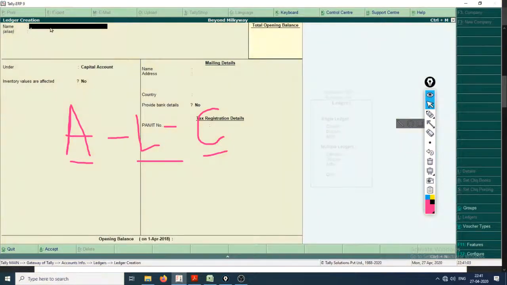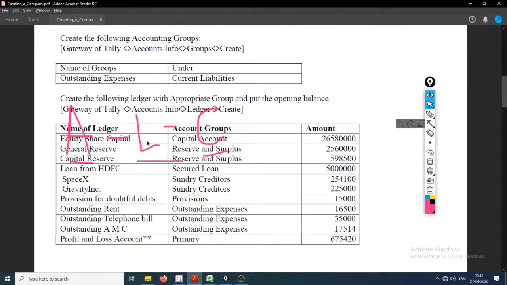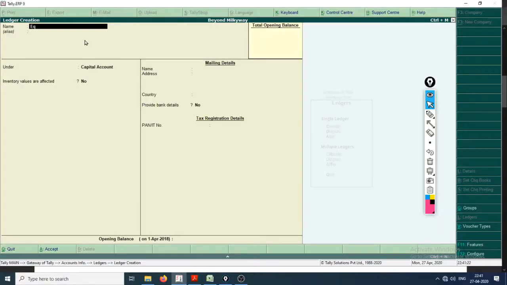Okay, so the first name of the ledger that we want to create is equity share capital. It will go in the head capital account, and the amount is 2,65,80,000. Okay, equity share capital.